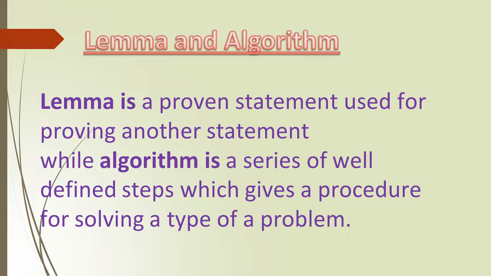Basically the formula for both is the same, but we have given it a different name. When we use the formula or the statement to prove another statement, we call it lemma, and when we use it to find the HCF of a few given numbers, we call it algorithm.